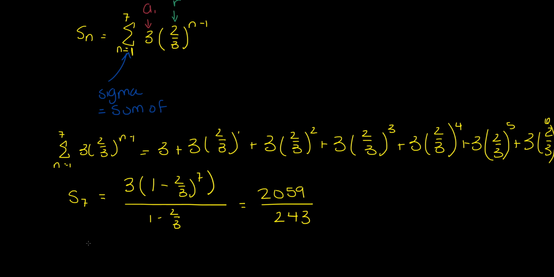So the sum from n equals 1 to 7 of 3 times 2/3 to the n minus 1 is equal to 2059 divided by 243. Right, and then we could always check this by adding all these up together and seeing that we do actually have the same sums.